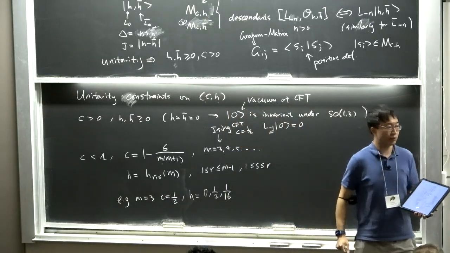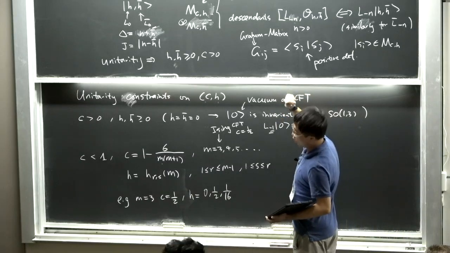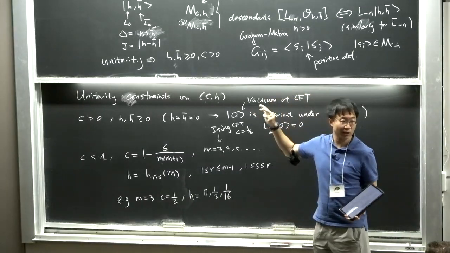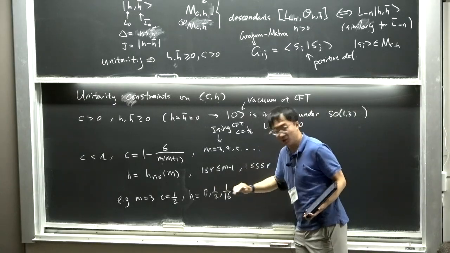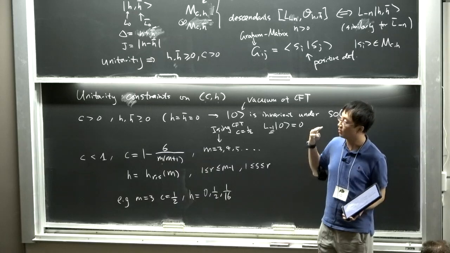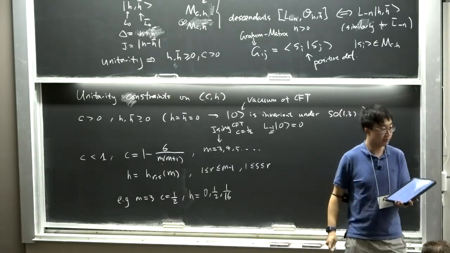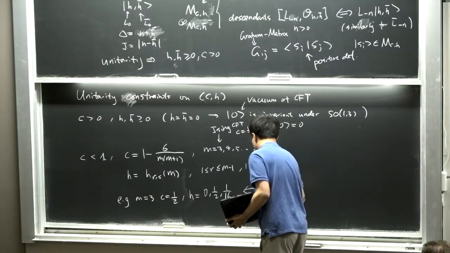So it's very restrictive just from using conformal symmetry and unitarity. Looking at the spectrum, you already find that for c equal to 1/2, you only have very restricted possibilities for what operators are admissible in such a conformal field theory. And later on, we'll see that these are realized, in particular, in the Ising CFT.